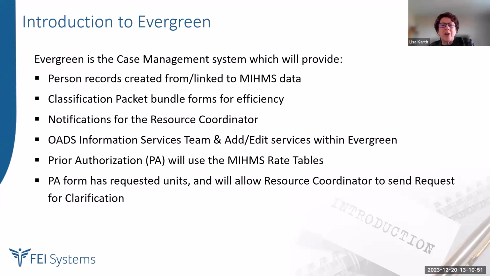This means your financial eligibility displays on that person record, and classification data flows into MIMS and back into Evergreen after it's been entered into MIMS. All of this displays on the person record.